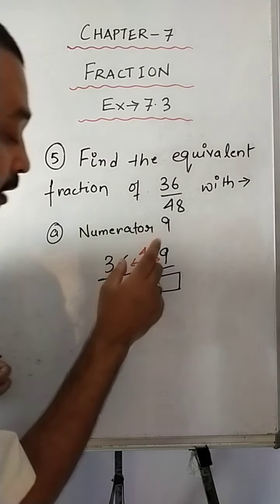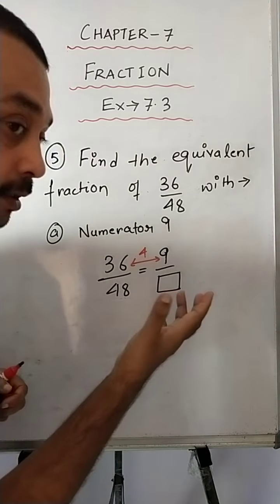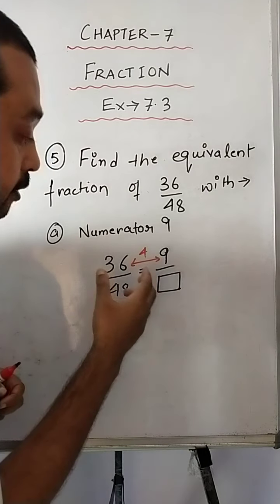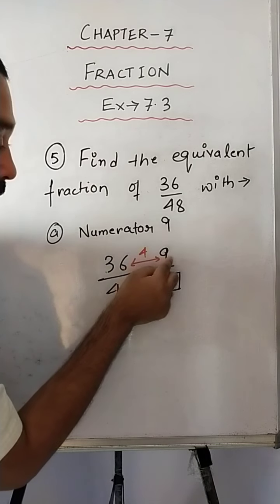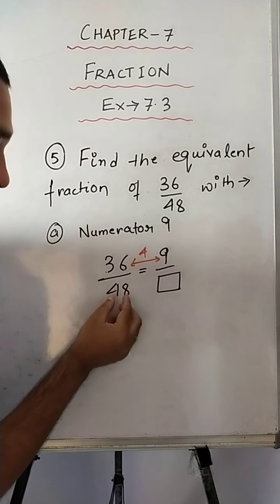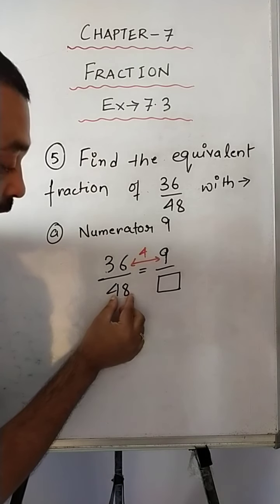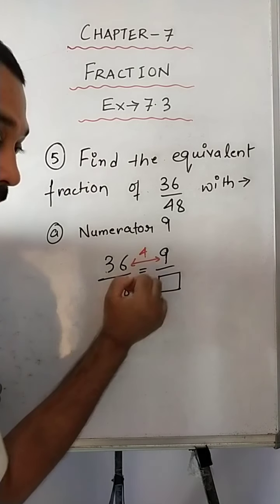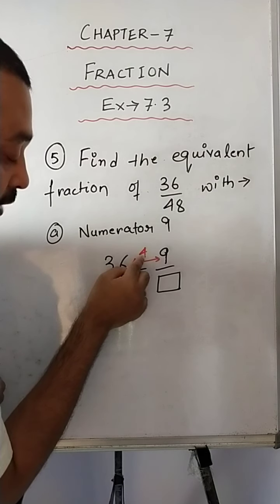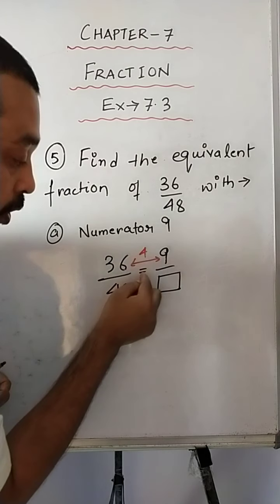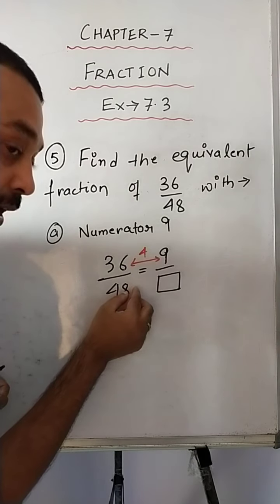So which relation will we take so that we can get this number? See, 36 divided by 4 is 9. So obviously we have to also divide this 48 by 4 to get the answer. If this number is divided by 4 then we are getting 9, so the denominator should also be divided by 4.